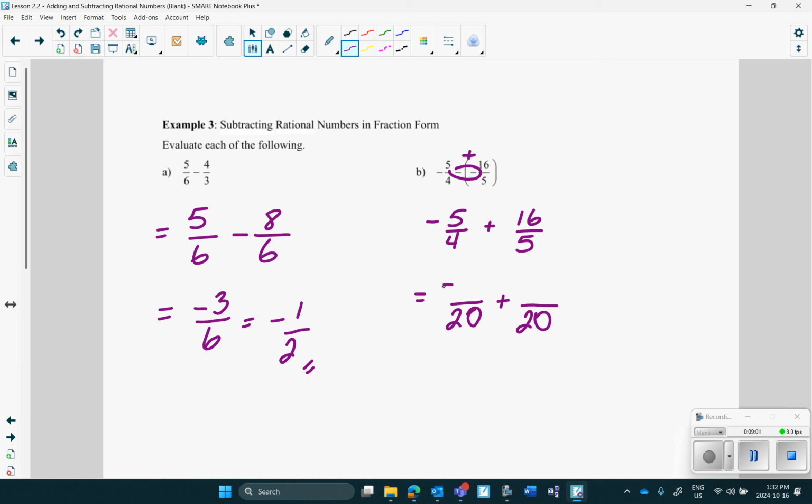Times 5, 25 for this one. 25, because you got to times the bottom and top by 5. This one you times 4, so 5 times 4 is 20, 16 times 4. Again, use a calculator if you need it. 64 is correct.